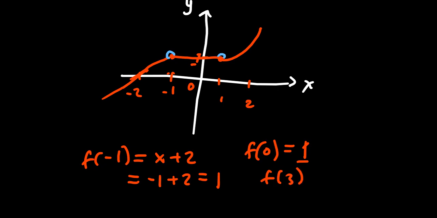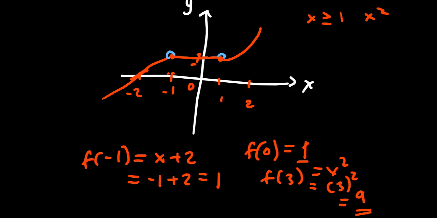Since 3 is greater than 1 and we had x greater than or equal to 1, it will be defined by x squared. So f of 3 is defined by x squared, then we just put 3 where x is, and this will give 9. So that's how we find those values.